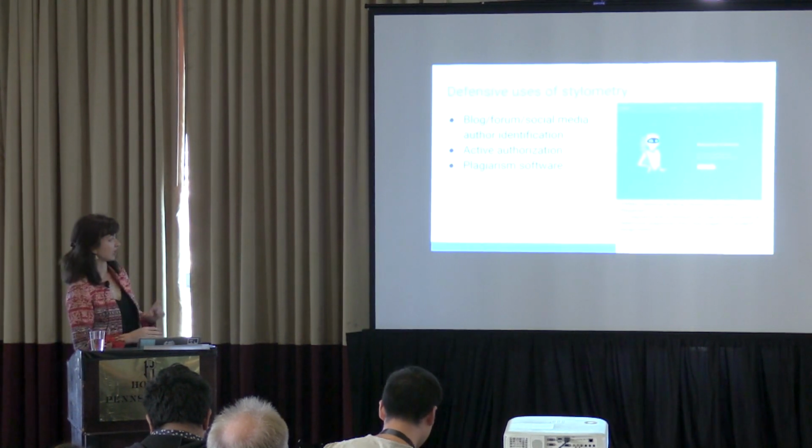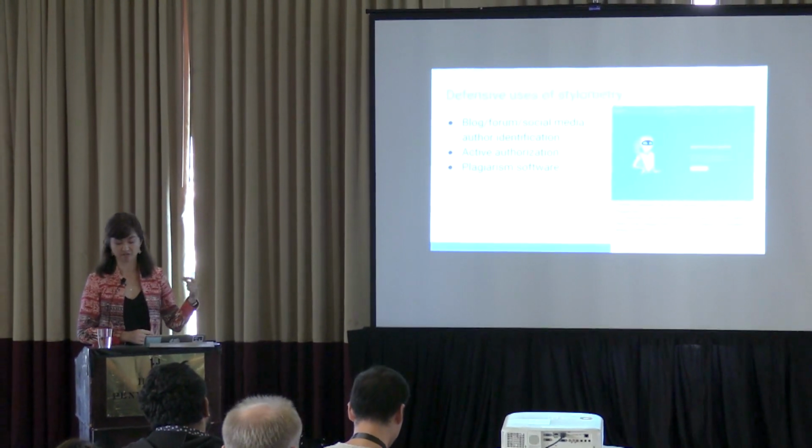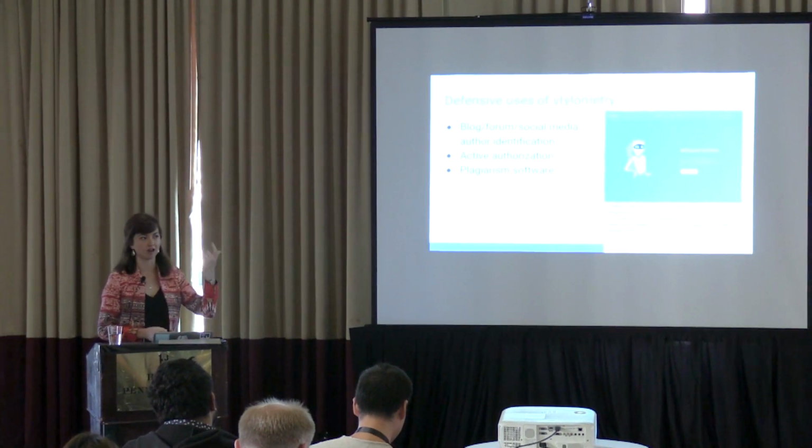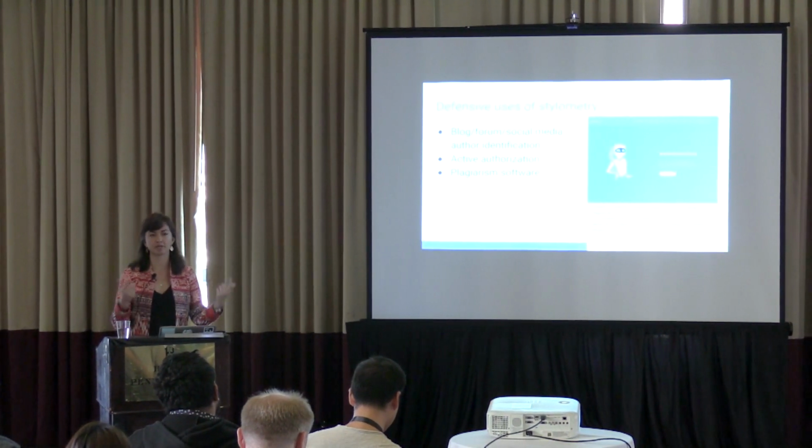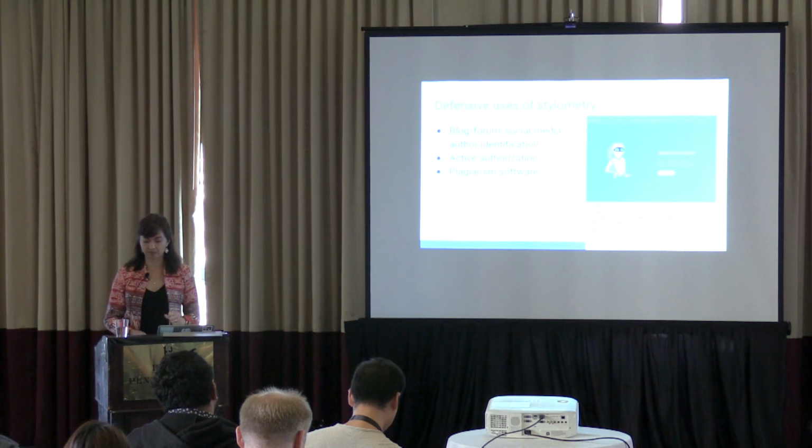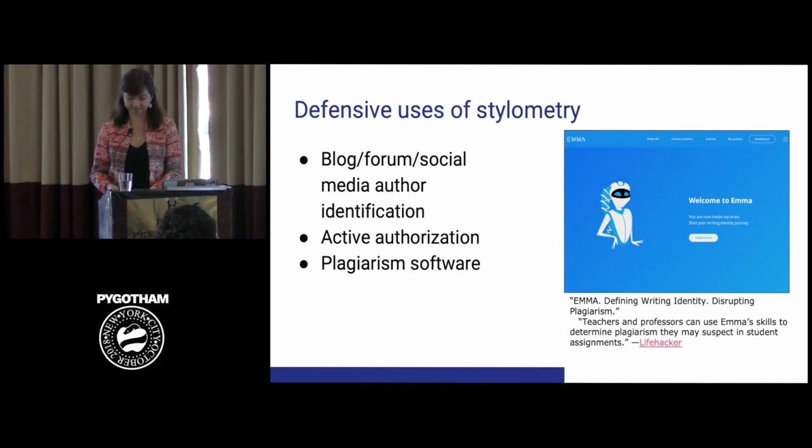So I'll just put a little side note here. If you're thinking already about things like identifying authors of ransom notes and other things that might appear in a court of law, forensic linguists have a whole different tool set that may include stylometry, but that's not what I'm focusing on today.